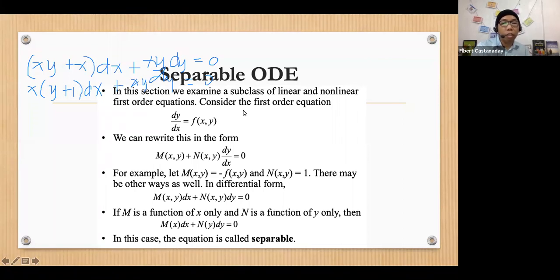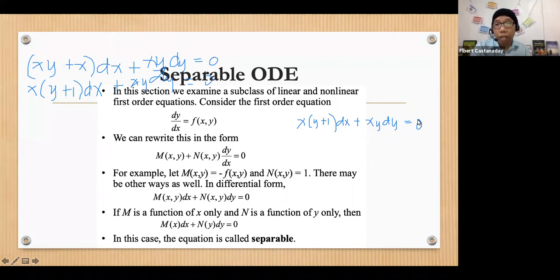So what happens here? If you divide both sides, I'll just rewrite it here. I have the first term x times y plus 1, okay, times dx. And on the second term, I have x times y dy equal to 0. Again, the objective here is for us to be able to solve the DE.